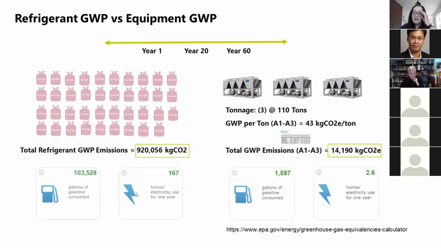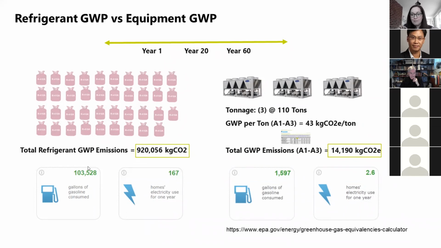Now, if we compare that refrigerant leakage, we can think of these as the actual containers of refrigerant, each of these representing about 25 pounds. That close to 1 million kg CO2, again at 100,000 gallons of gasoline.